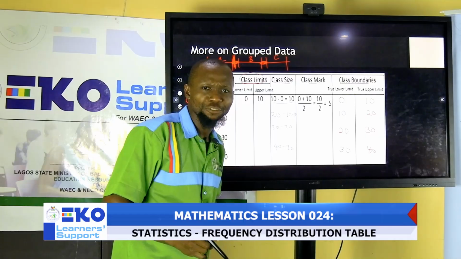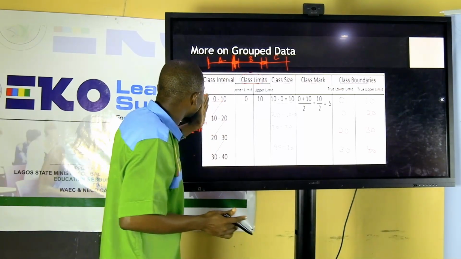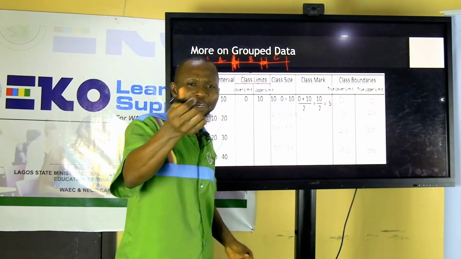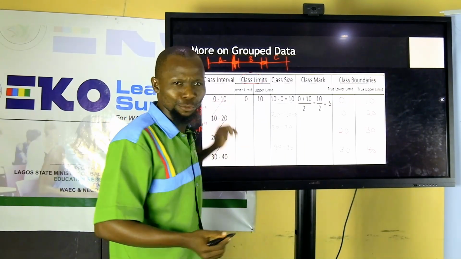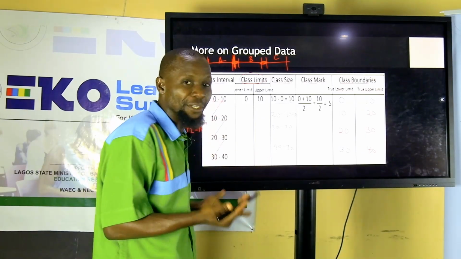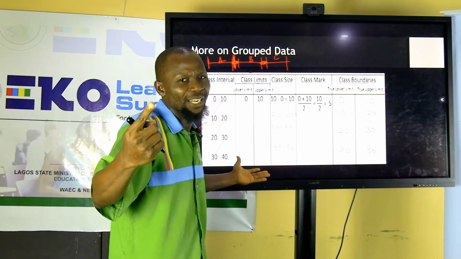Another important aspect is what? Class mark. Because we have a range of values, 0 to 10, you may be asked, who is the representative of this group? We don't know. So how do we get a representative? You don't just pick any of them. You can't just pick one that belongs to that group and say let me pick it as the representative.